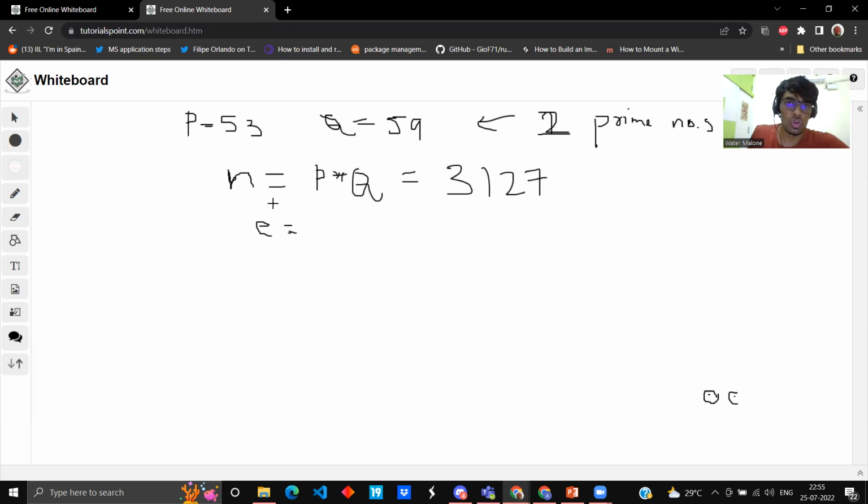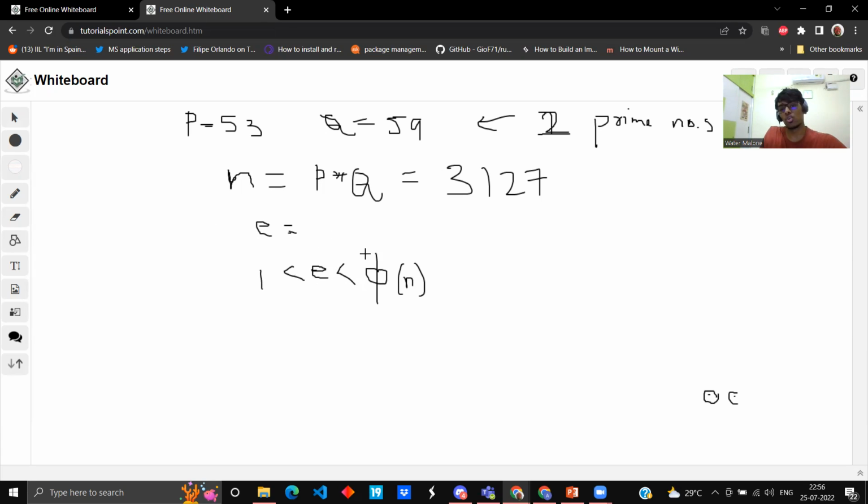The third condition, which might take some explaining, is that it has to be in the range phi of n. So the number you take should be in this range.